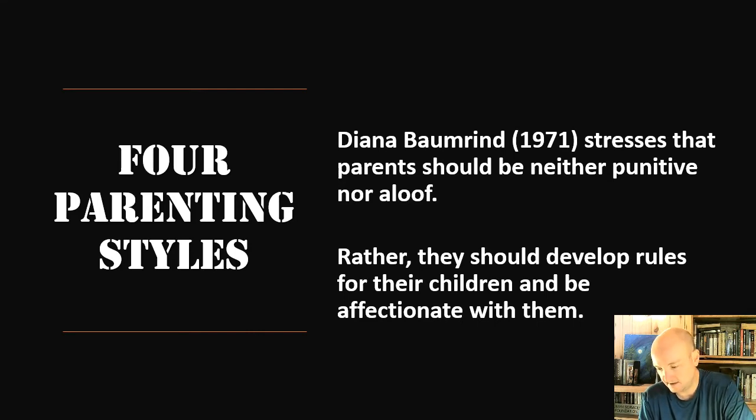And so there's actually kind of four variables that break down into two, and you don't necessarily need to know this for the test, but just so you understand it a bit more deeply. There are two variables: how much open communication is there and how much open positive emotion is expressed in the family.